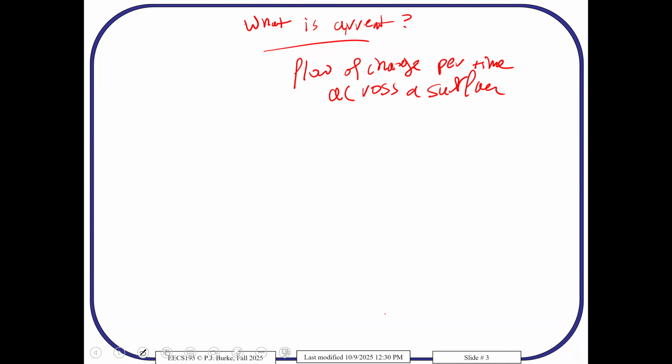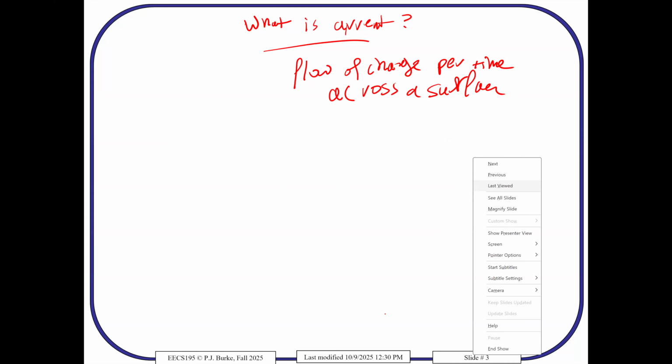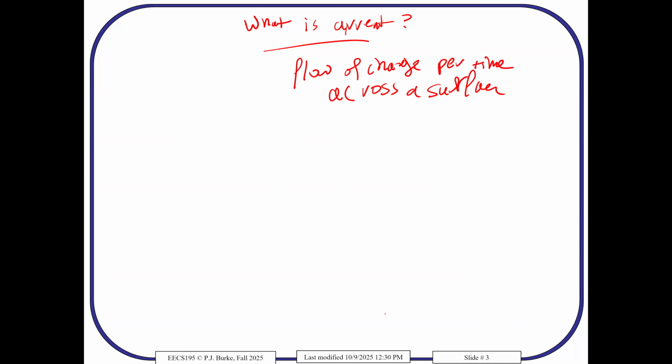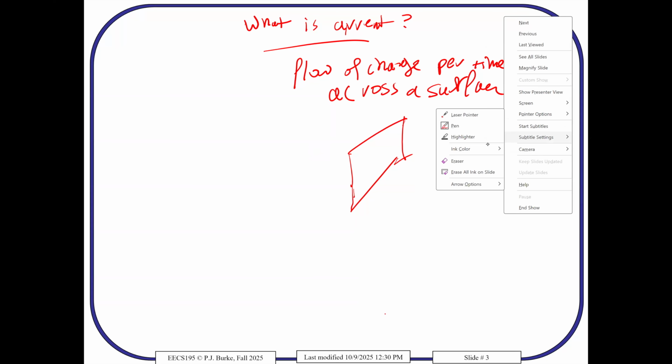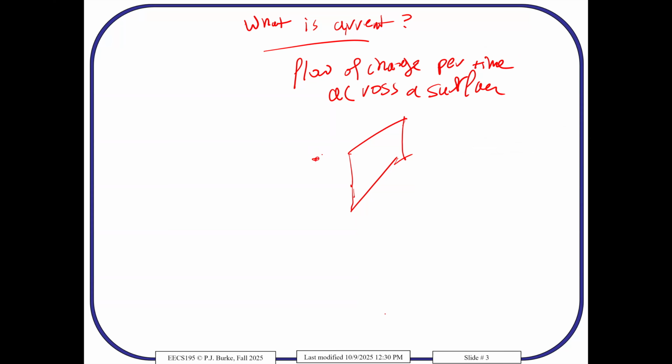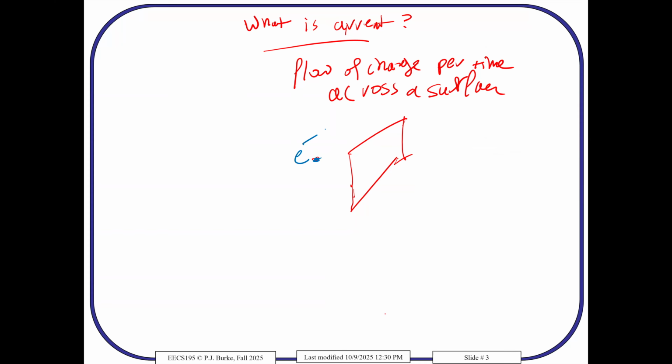So if you define some surface, let's make it 3-dimensional, just for fun. An electron is a point particle. I usually like to draw in blue for no reason at all. It has a charge of 1.6 times 10 to the minus 19 coulombs. And when it flows across the boundary, charge moves across that boundary.